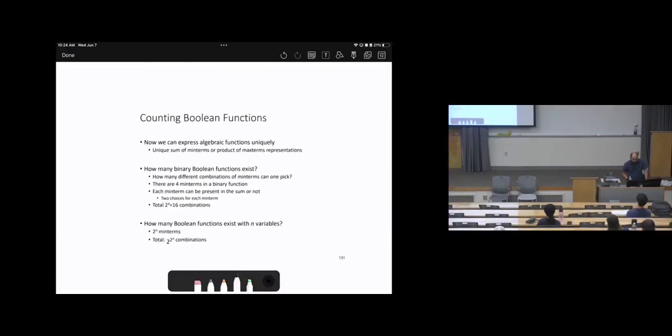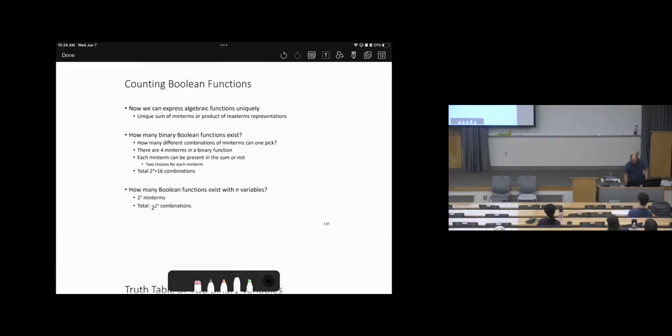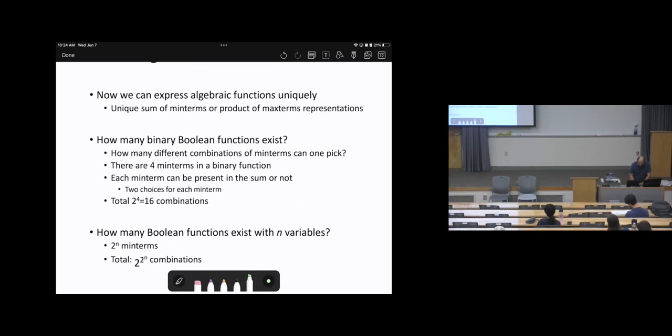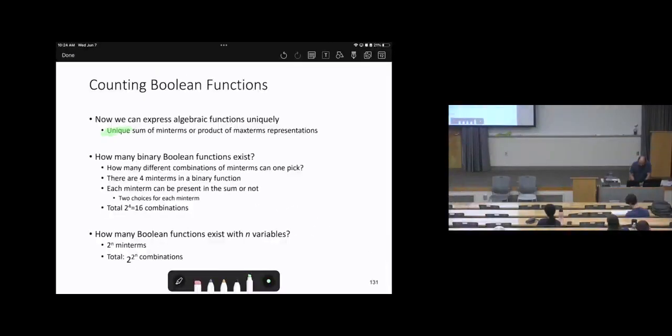Now, counting Boolean functions. The good part when we're using min terms or max terms is that they are unique. This is one of the advantages: unique representations. How many Boolean functions can we achieve using the variables?